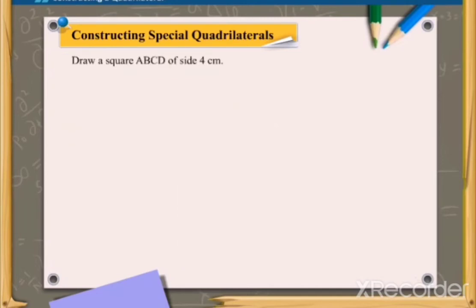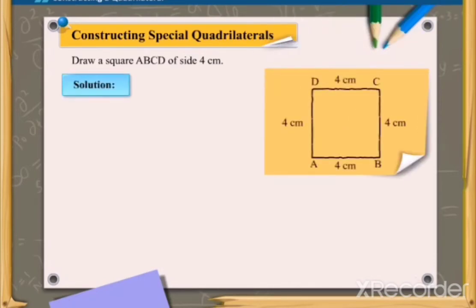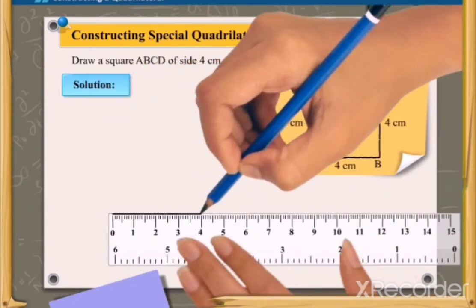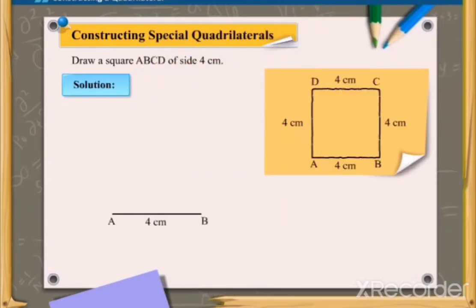Let's draw a square ABCD of side 4 centimeters. First, we will draw a rough sketch. Now, draw the base with length 4 centimeters.